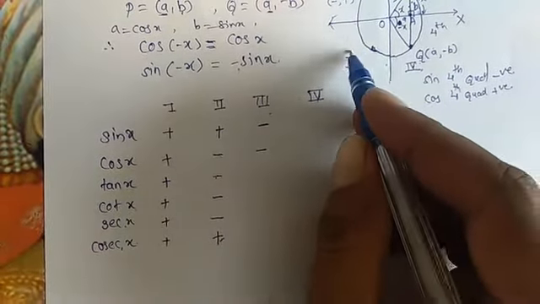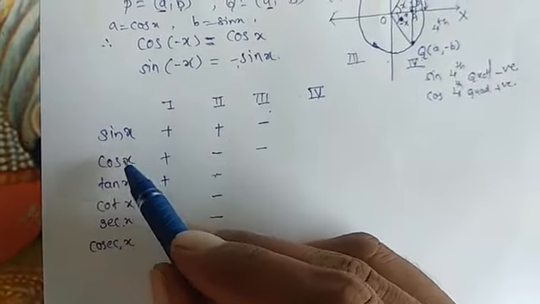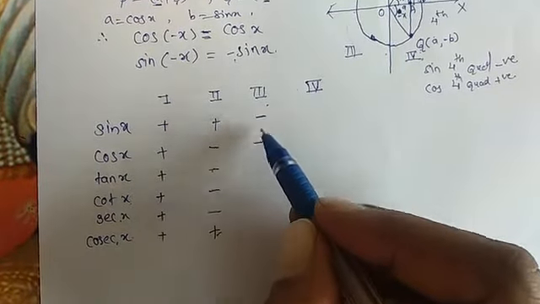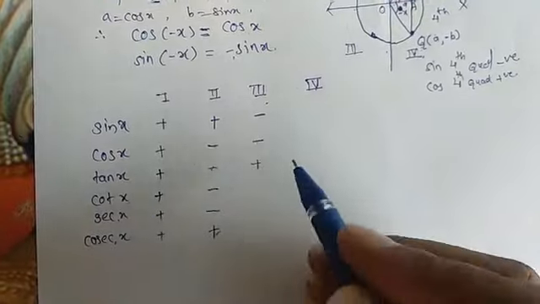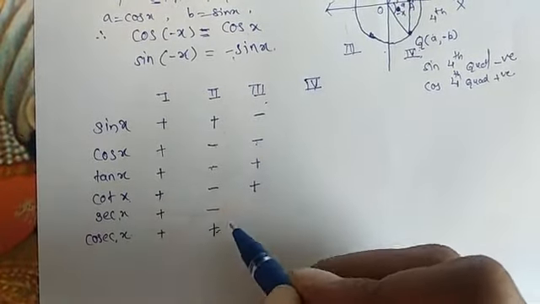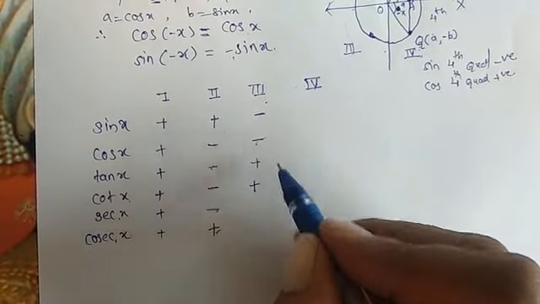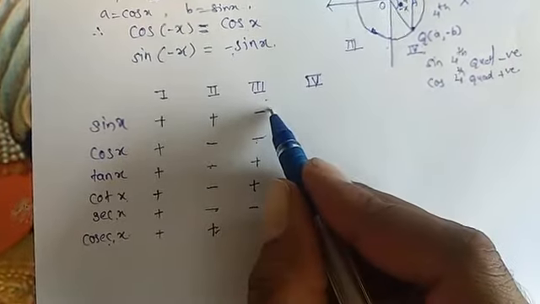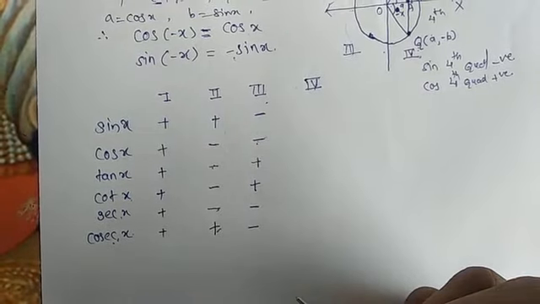Tan x, sin x upon cos x, means negative upon negative, which is positive. Cot x is also positive because it is negative upon negative. Sec x means 1 upon cos x, but cos is negative, so it is negative. And for cosec x, sin is negative, so cosec x is also negative.